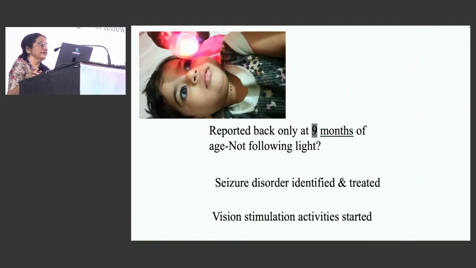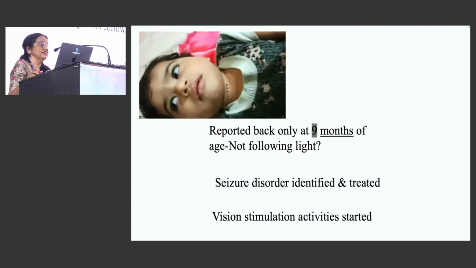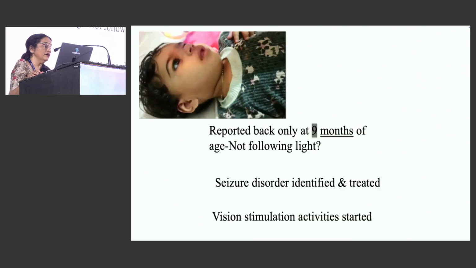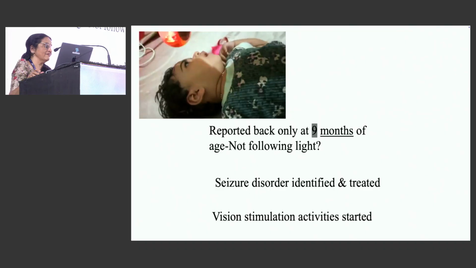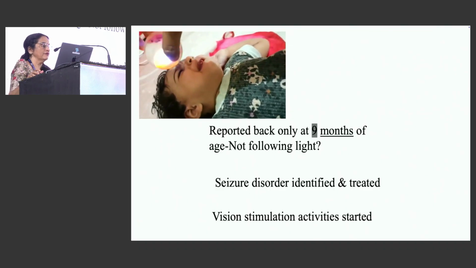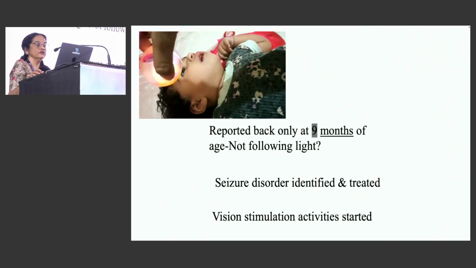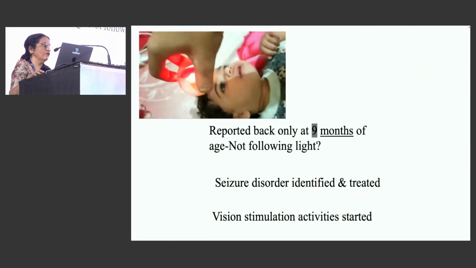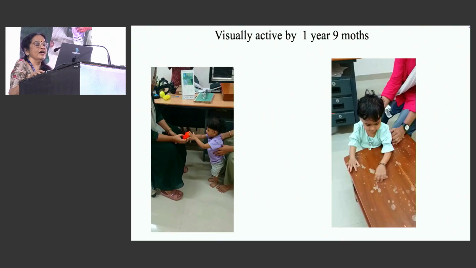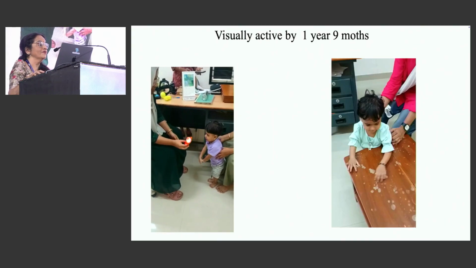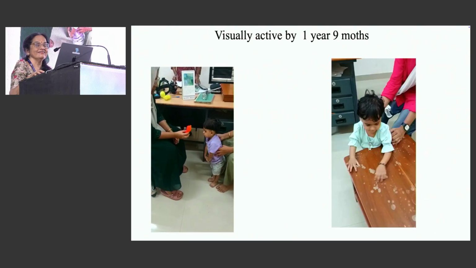Then it was detected as a severe seizure disorder. She was admitted and treated in the pediatric department. But the mother is very young and very cooperative. She's very hardworking, so she brought the child for all the follow-ups and did all the exercises. So at 2 years, we have a visually active child.